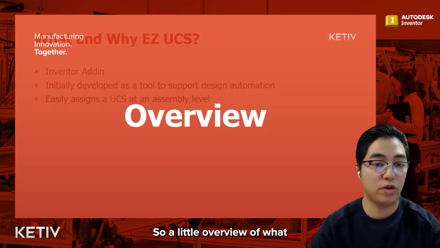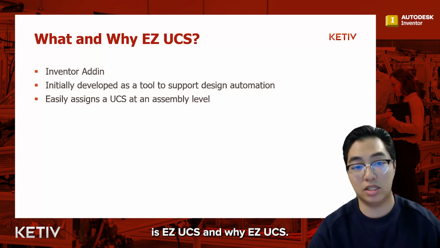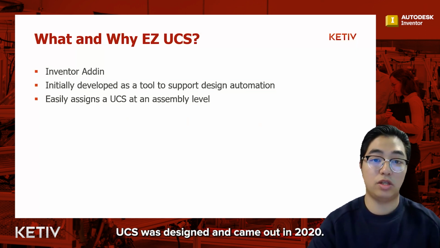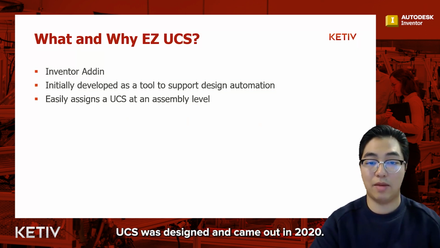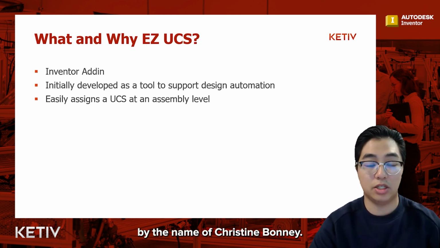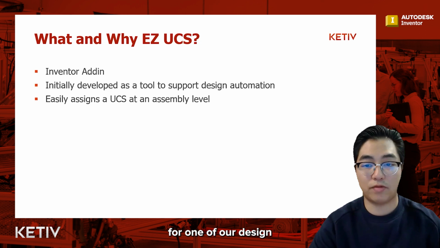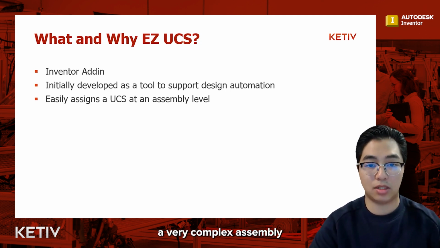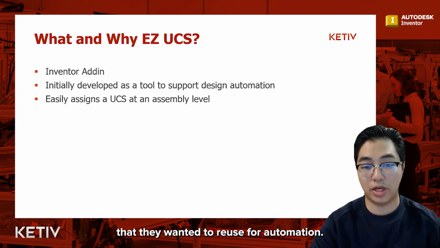So a little overview of what is Easy UCS and why Easy UCS. Easy UCS was designed and came out in 2020. A developer on our team by the name of Christine Bonney created that tool for one of our design automation customers because they had a very complex assembly that they wanted to reuse for automation.